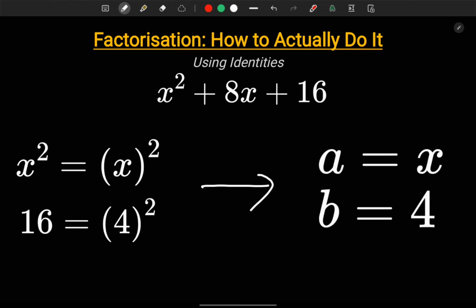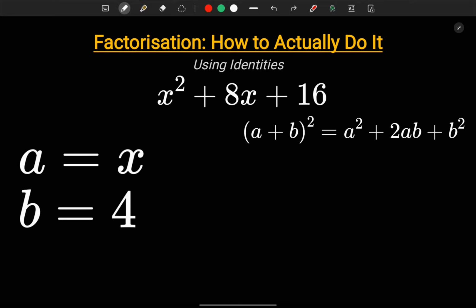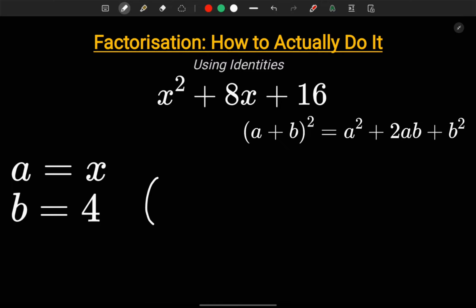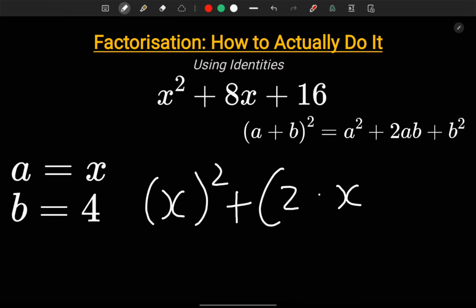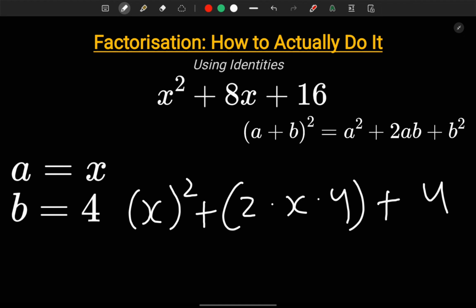Now, the problem gets easy from here. We have to substitute the values in the identity. So, substituting the values, we can write x squared plus 2 times x times 4 plus 4 squared.